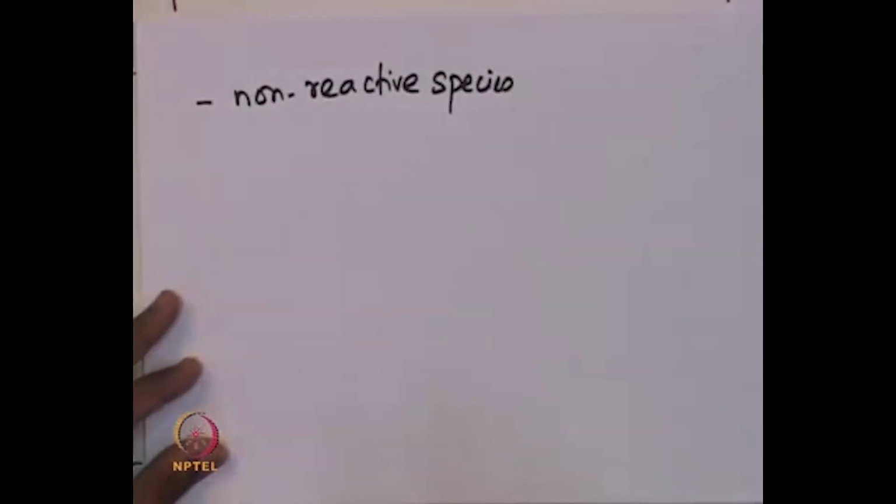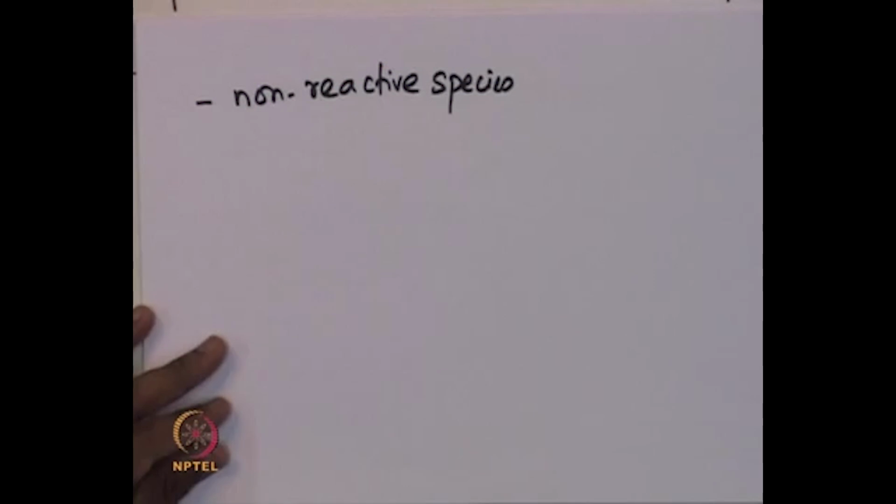Otherwise, the tracer is going to get consumed because of some reaction, and if it gets consumed, then one cannot observe the non-ideal flow pattern using this particular tracer.